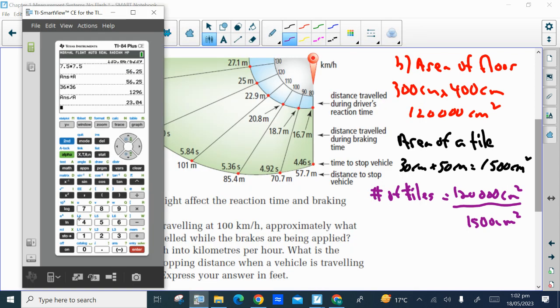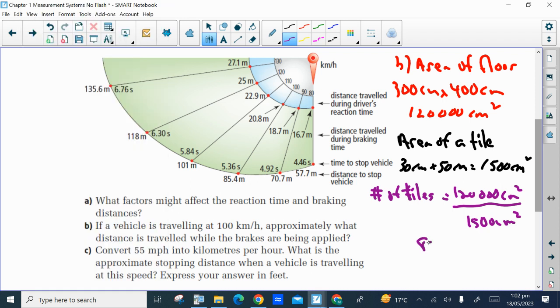So 120,000 divided by 1,500, 80 tiles. Now to add 10%, we can multiply by 1.1. The 1 represents 100%. You're going to have all the tiles plus 10% more. That's what the 0.1 represents, 10%.